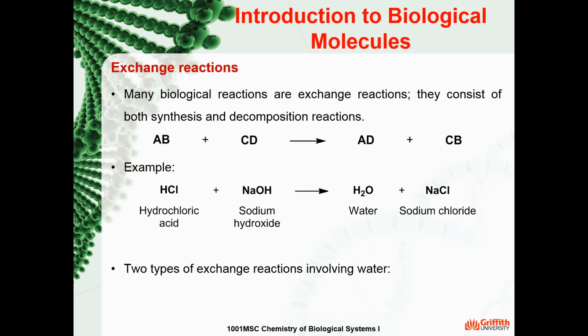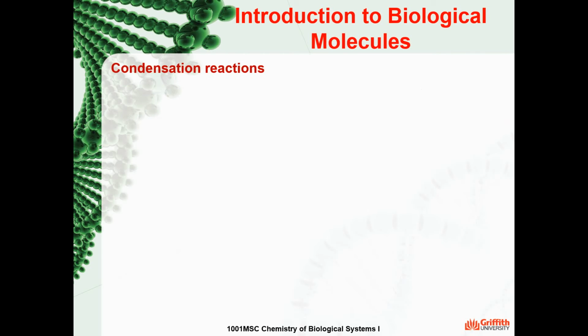Important examples of exchange reactions involving water are condensation reactions and hydrolysis reactions. Condensation reactions are very important to create larger polymers and longer chains. This happens due to the loss of a water molecule in the reaction between two molecules.